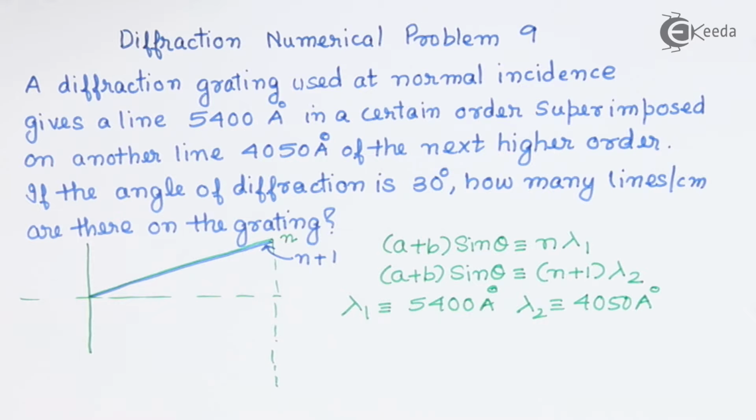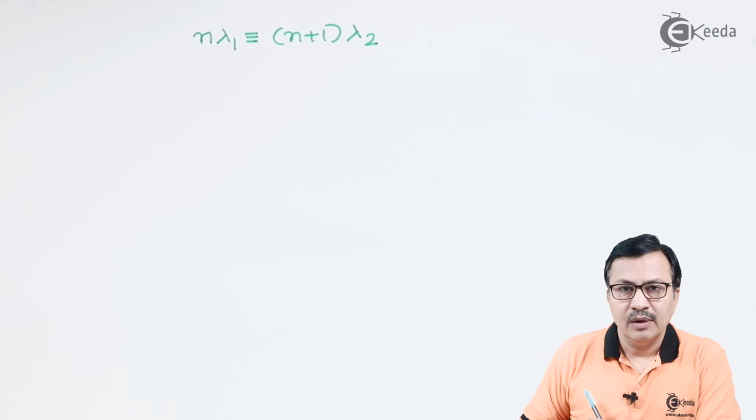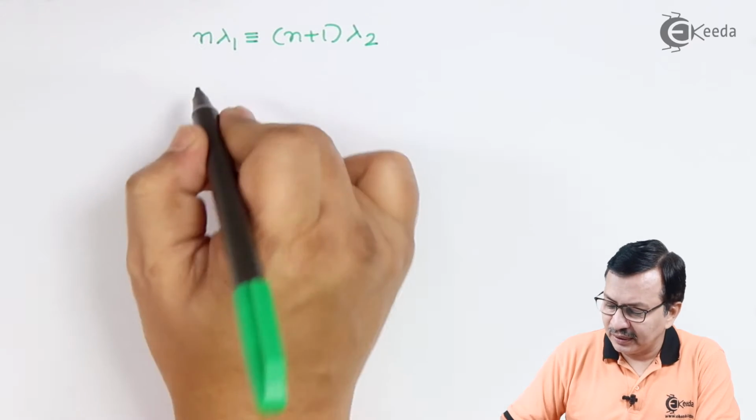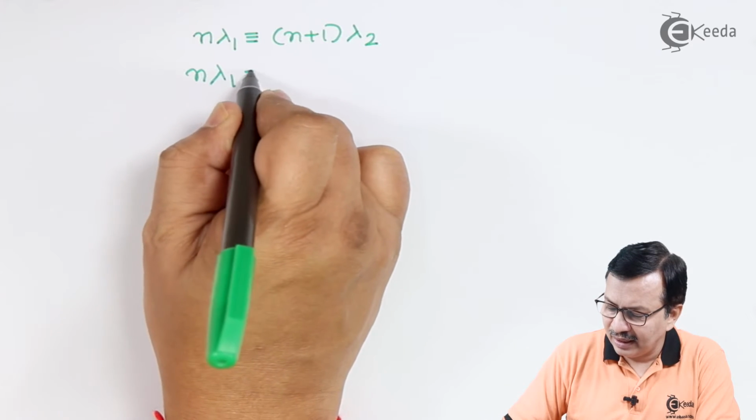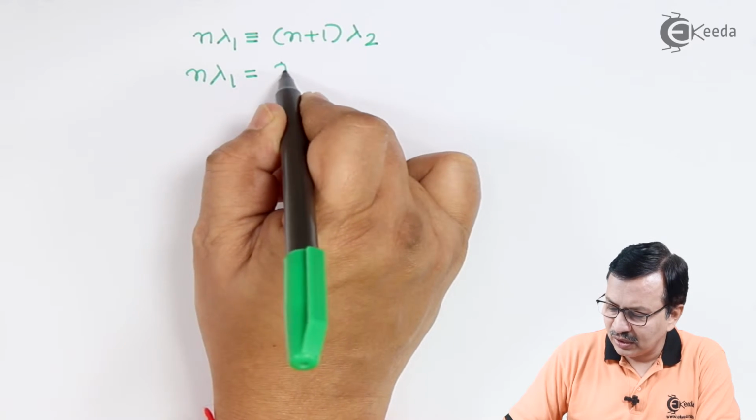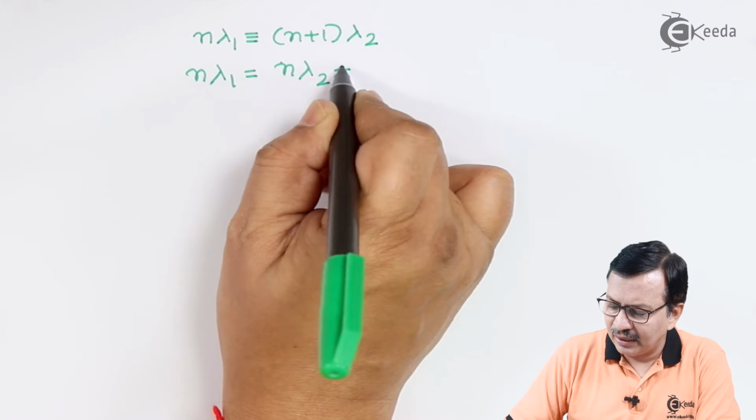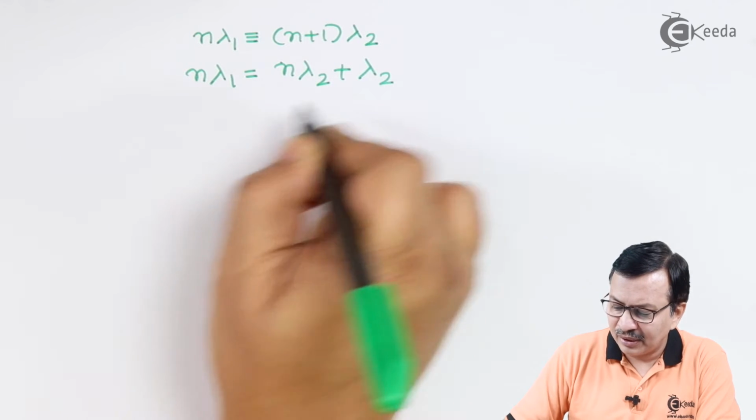The left hand sides of these equations are the same, and hence we can equate the right hand sides to write n lambda 1 is equal to (n plus 1) lambda 2. We simplify this equation further to write n lambda 1 is equal to n lambda 2 plus lambda 2.